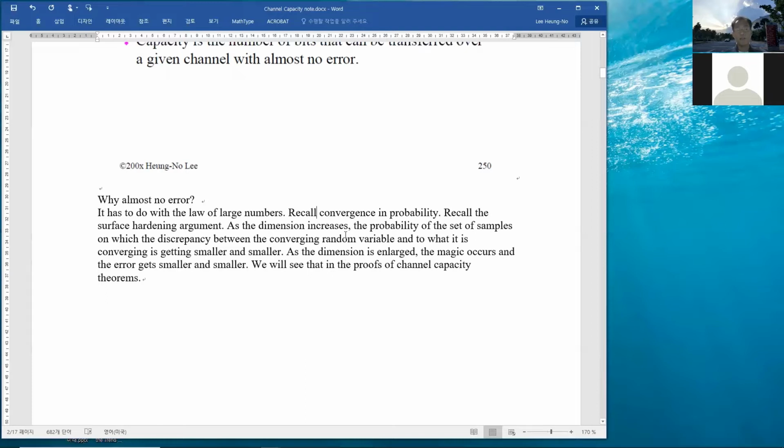As the dimension increases, the probability of the set of samples on which the discrepancy between the converging random variable and what it is converging to occurs gets smaller and smaller. So that is the meaning of convergence in probability. As the dimension is enlarged, the magic occurs, and the error gets smaller and smaller. That's what we will see in the proofs of the channel capacity theorem.